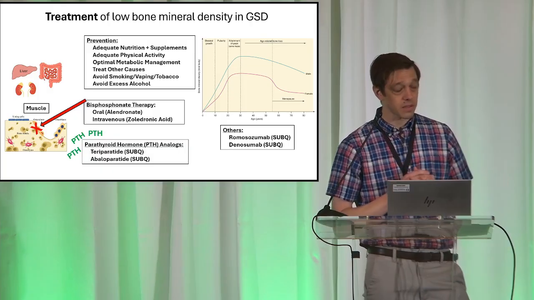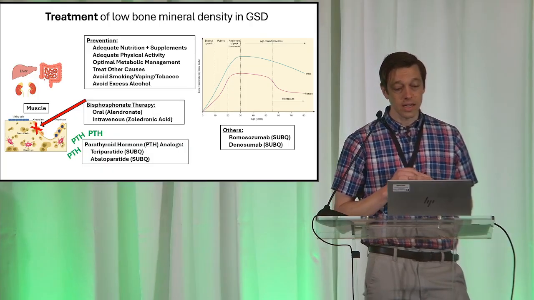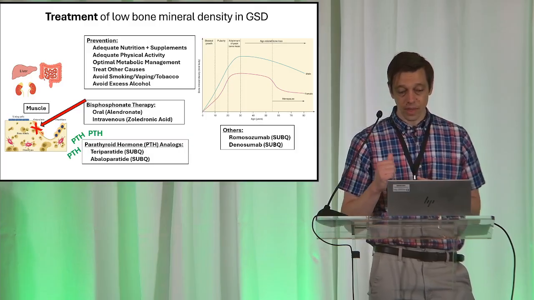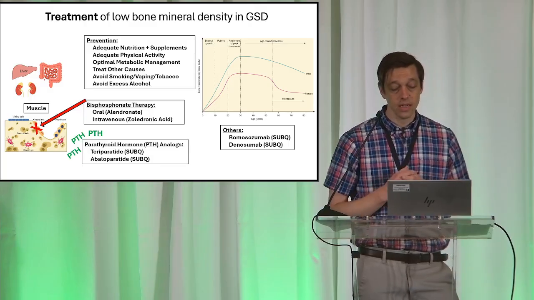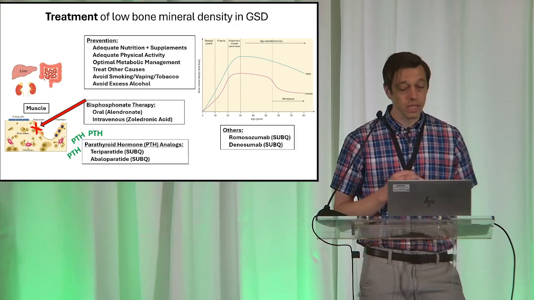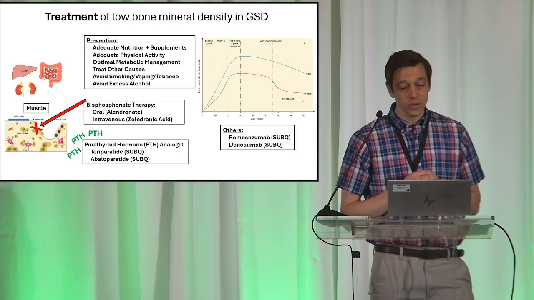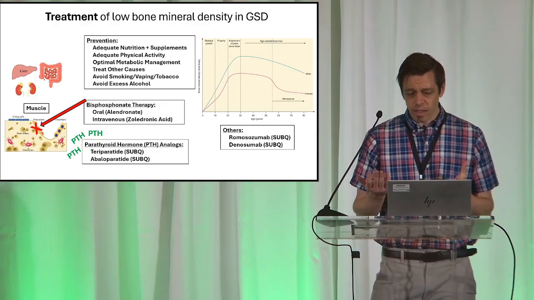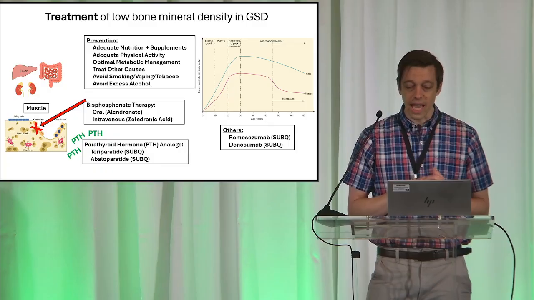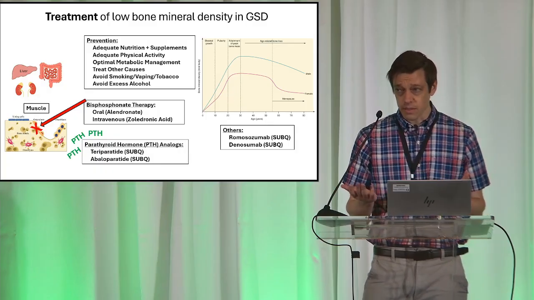Bisphosphonate therapies are often the first line we see and we use in many individuals. In adults, we often will use oral bisphosphonates, alendronate, that can be taken once daily or once weekly. In children, if we're using a bisphosphonate, we often use an intravenous zoledronic acid that can be given once every 6 to 12 months.